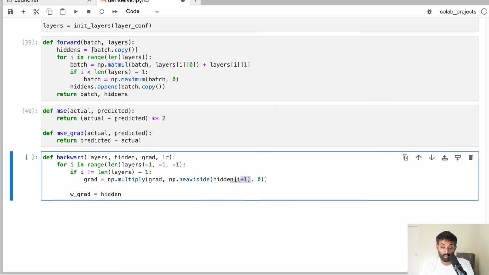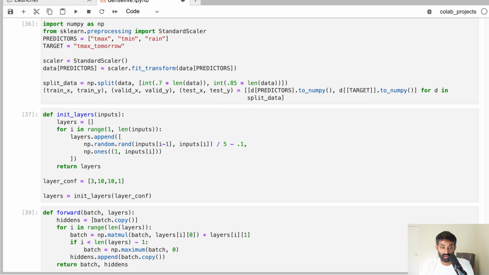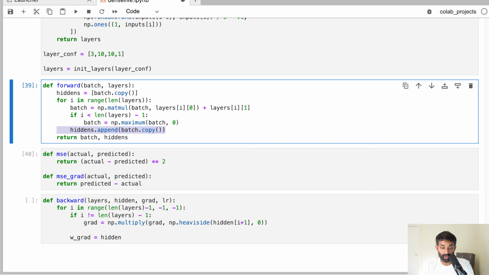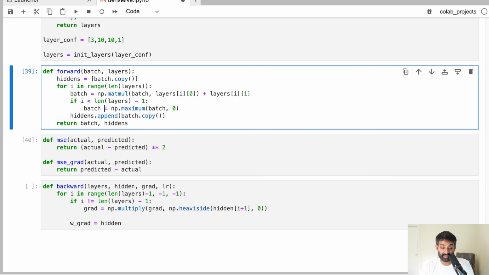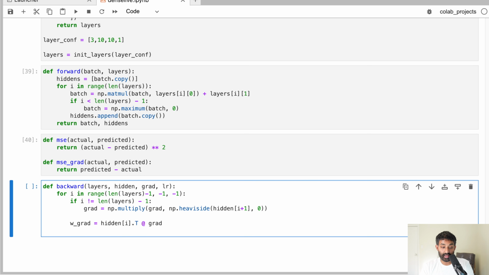So i plus 1 actually refers to the hidden for the current layer. It's the output of the current layer, because you'll remember how we are appending to the hiddens list. So then we'll say our gradient with respect to our weights is just the transpose of the input to the layer times the gradient. And our bias gradient is just the mean of the gradient, axis 0.